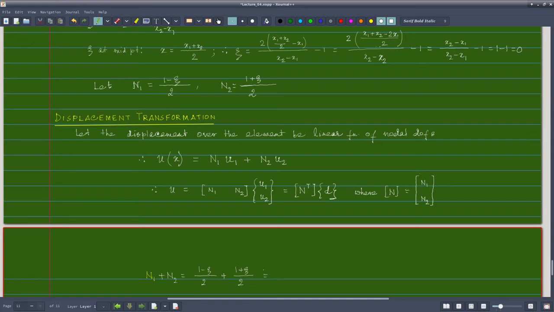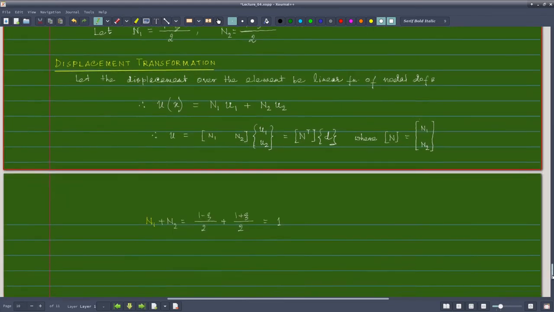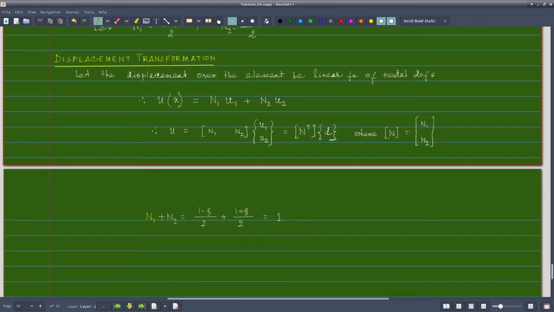So therefore I obviously know that this is half and this is half, so it is 1, and minus xi by 2 and plus xi by 2 will cancel, so this sum is 1 at any point. So all the properties of shape functions are now fulfilled by our shape functions. Okay. So therefore these are valid shape functions, so we can go for using this.